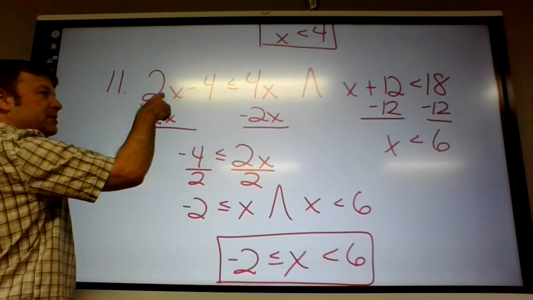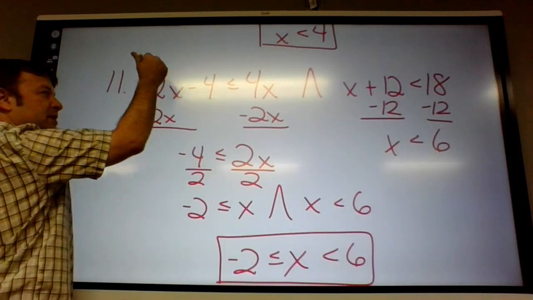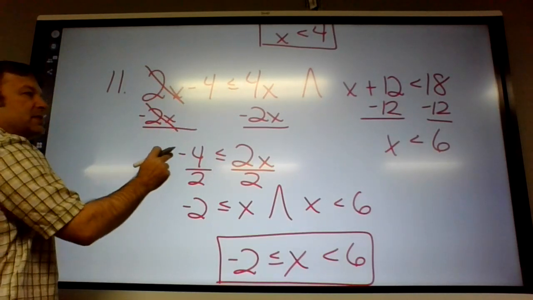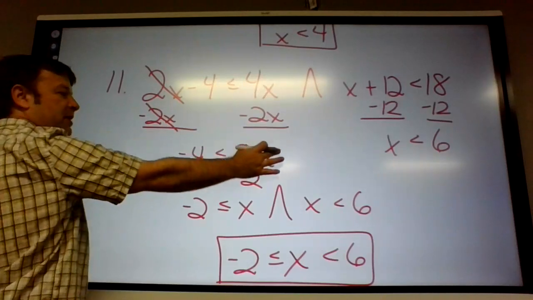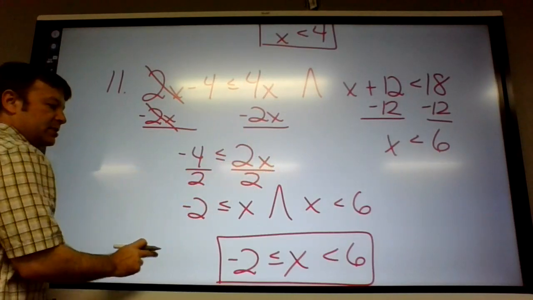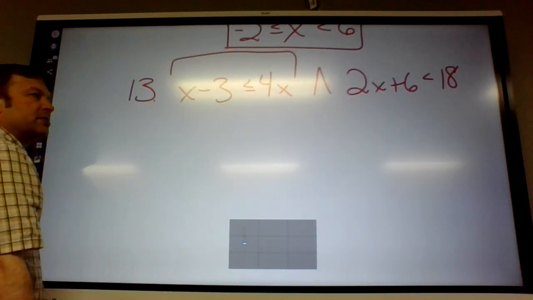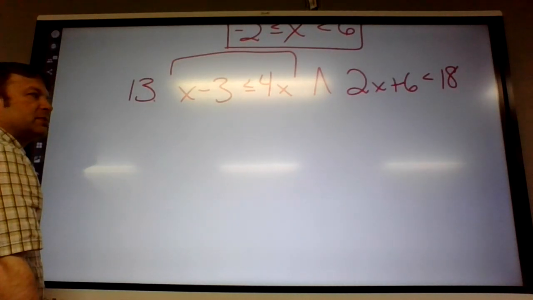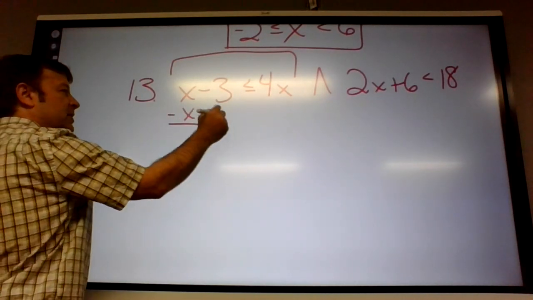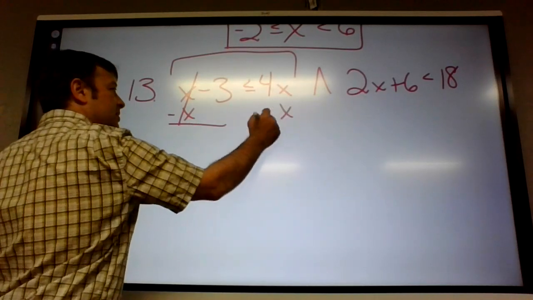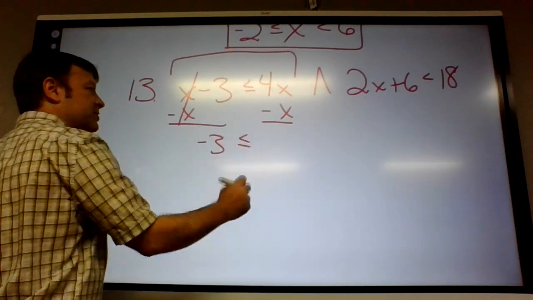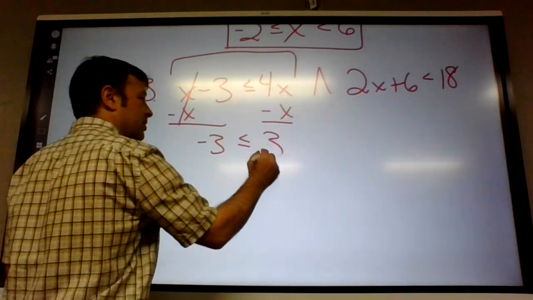So I subtracted 2x to get rid of this, so all my x's were over here on the right. What could I do on this one? You just do 4x minus 1x. Right, subtract away this x.